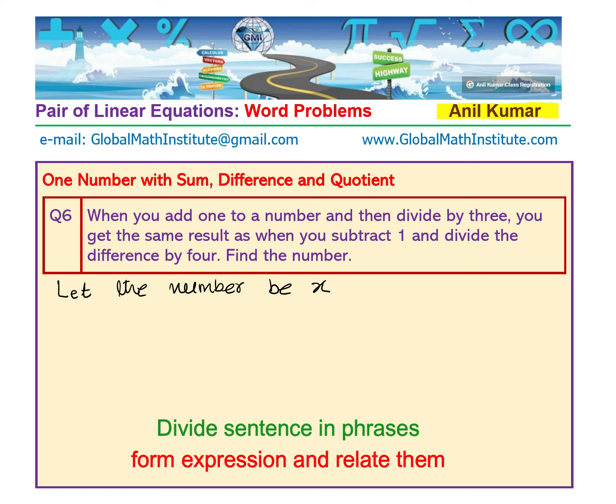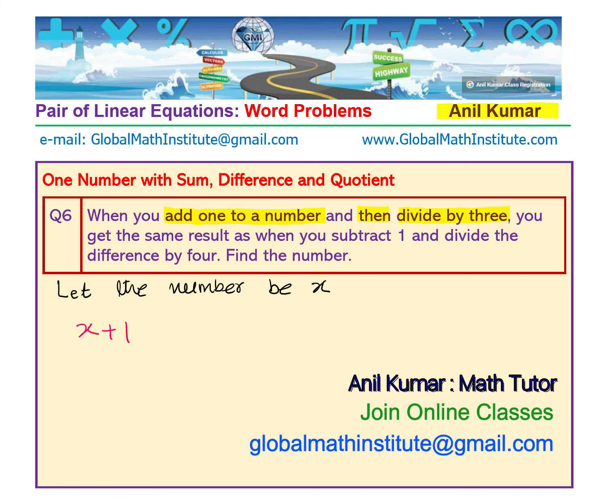When you add 1 to a number means what? The number is x, so x plus 1. Correct. And then divide by 3 means you divide this by 3.